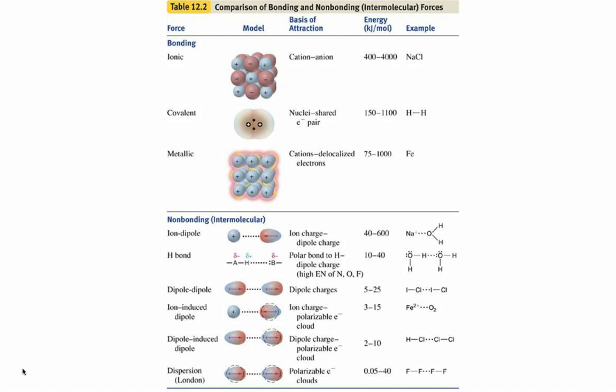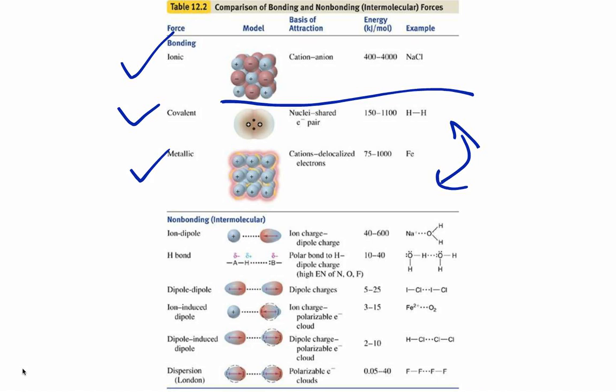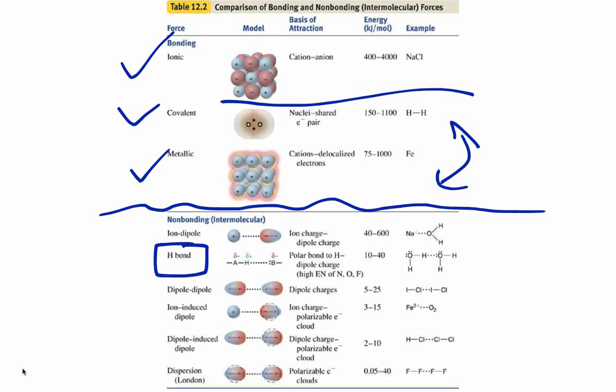There's actually a lot of different names for this same effect. So here's a chart, and this has a little bit more detail than what we looked at. But notice, ionic bonding is definitely our strongest type of bonding, followed by covalent and metallic. And metallic and covalent can overlap a little bit. It depends on what structure we're looking at. Below those are our intermolecular or non-bonding forces. So hydrogen bonding is really our strongest, so we can ignore these other ones like ion dipole.